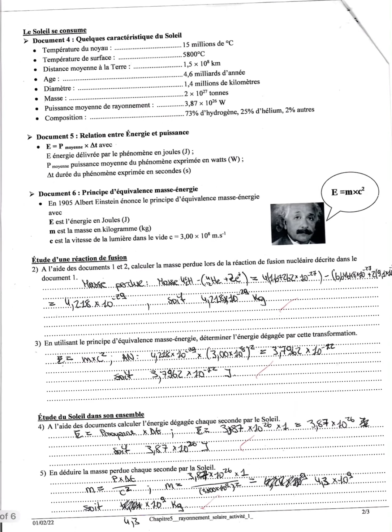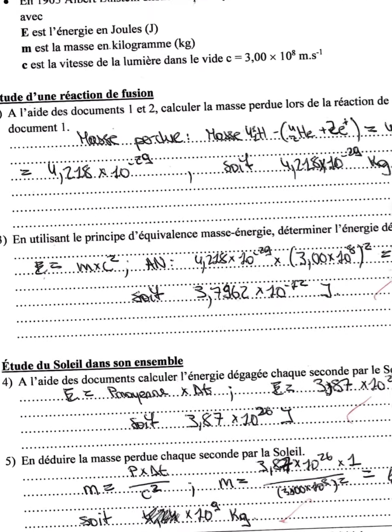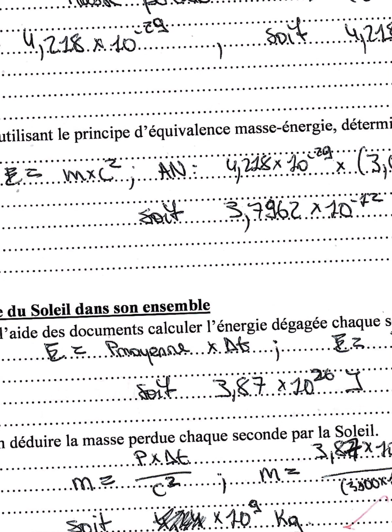But I also picked this specific equation because we have substitution. Let's see what I'm talking about. In this work, we saw that mass is equal to E over C squared. But here, we can see that mass is equal to power times time.